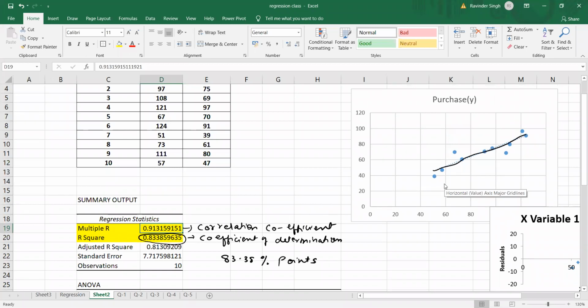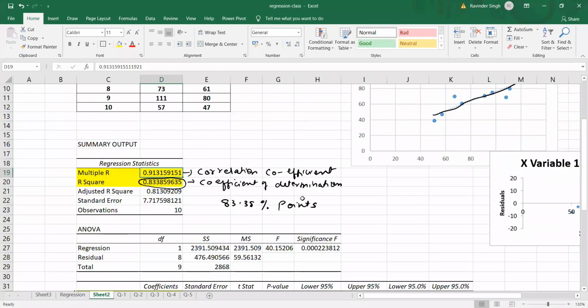On this straight line, only 83.33% of the data points lie. The rest of the points do not lie. So how much percentage of data is actually fitting on the straight line will be told by the R square.